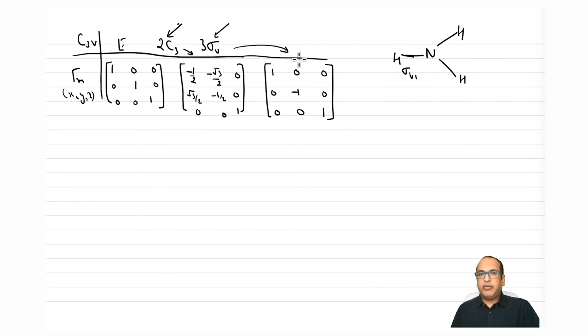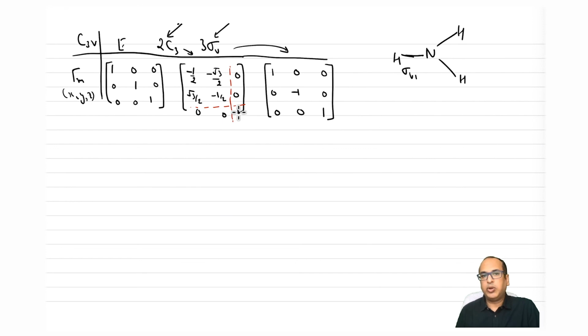I'm not writing for the other 2 sigmas because the trace is going to be the same for those 2 sigmas. All right, so now if you notice here, this matrix can be block factored as 1 cross 1, 1 cross 1, 1 cross 1, but this one can be block factored only as 2 cross 2 and 1 cross 1, because there are off-diagonal elements present.